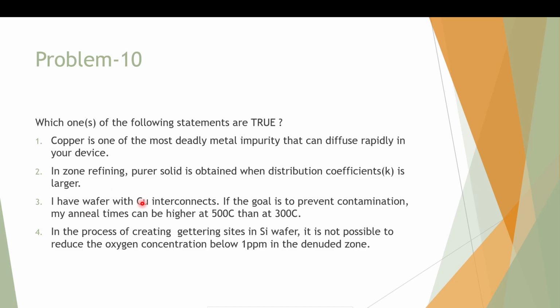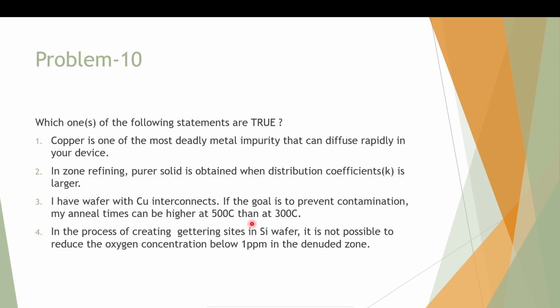Third option: I have a wafer with copper interconnects. If the goal is to prevent contamination, my anneal times can be higher at 500 degrees Celsius than at 300 degrees Celsius. If I'm making copper interconnects, copper can diffuse very fast in my device.